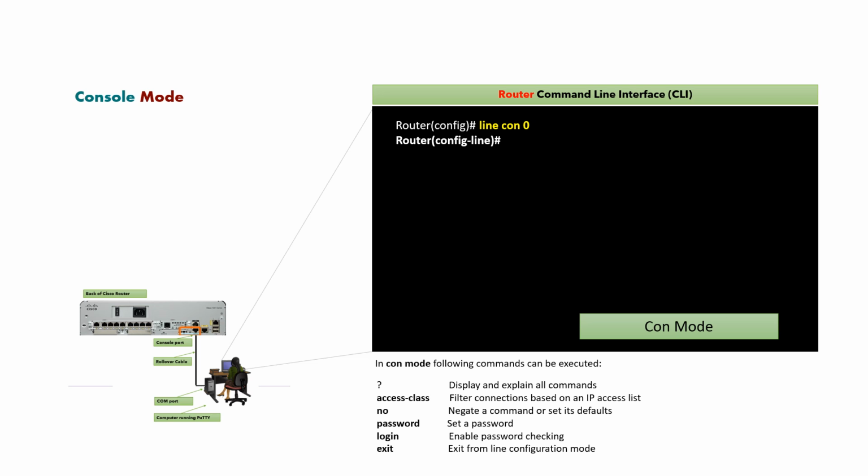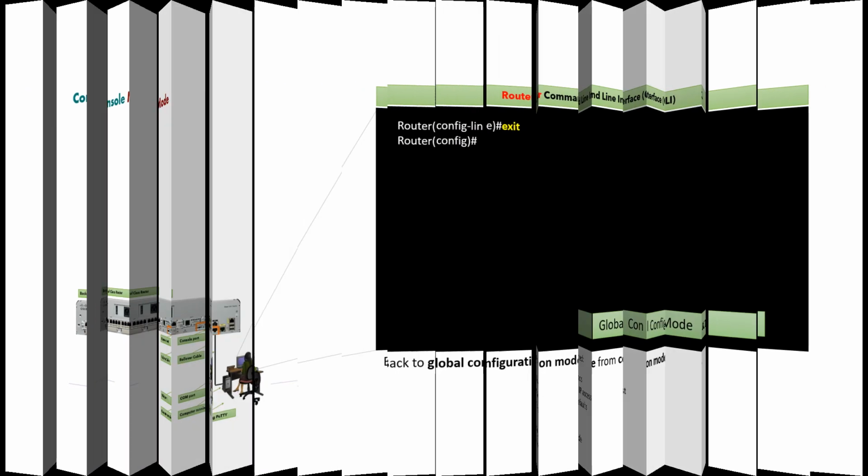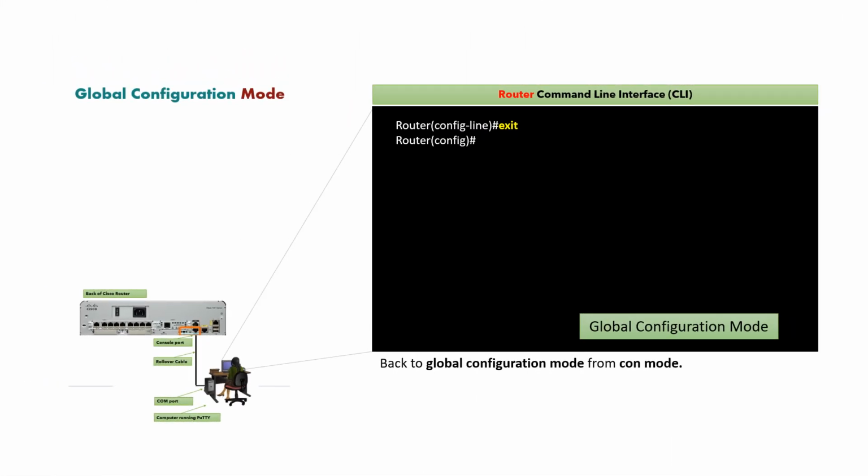Some of the other common commands at this mode are access-class, no, password, login, and exit. To go back from CON mode to the global configuration mode of the router, type exit, press enter.